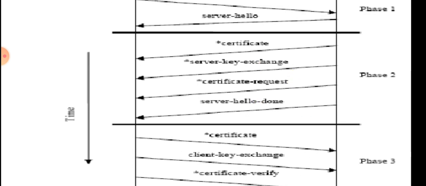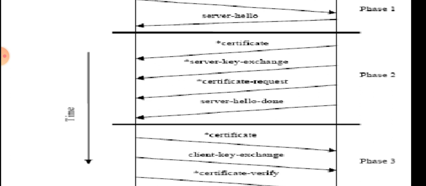In the second phase, the server sends the certificate, server key exchange, certificate request, and server hello done, all sent to the client. Then in phase 3, the client sends the certificate, client key exchange, and certificate verify.